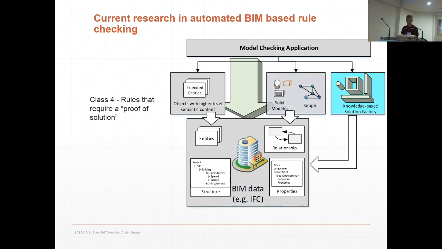And classification 4 is a little bit more advanced than that by having a knowledge base. Instead of just checking passively, now the knowledge base should be able to actively suggest what should be done. This is the first attempt that we tried to classify, and when we look at it, we realize it's really dealing with data. So the complexity really comes with data.